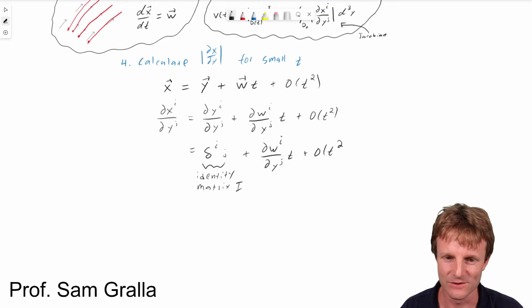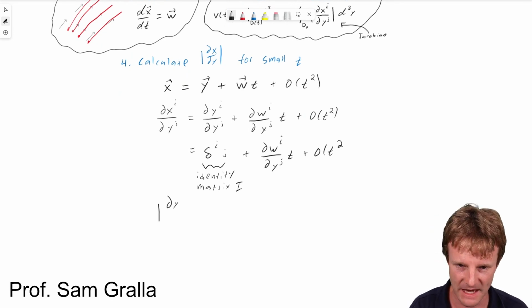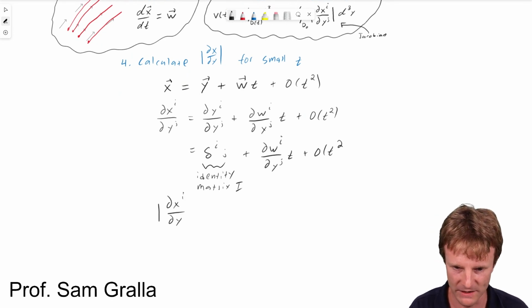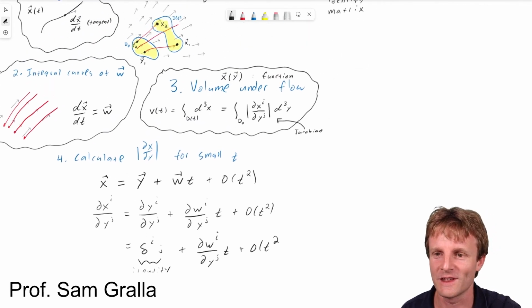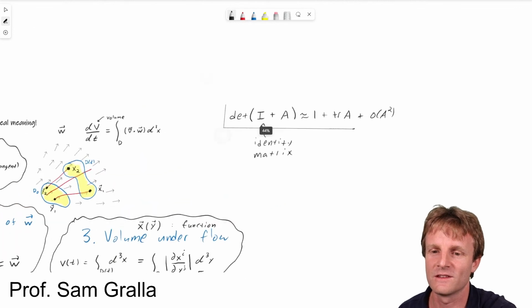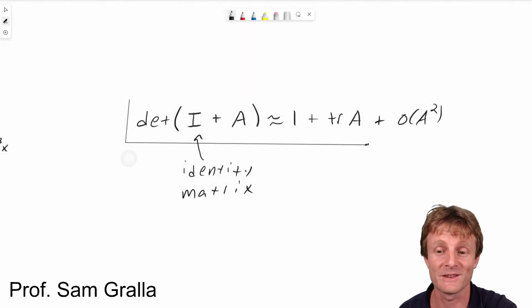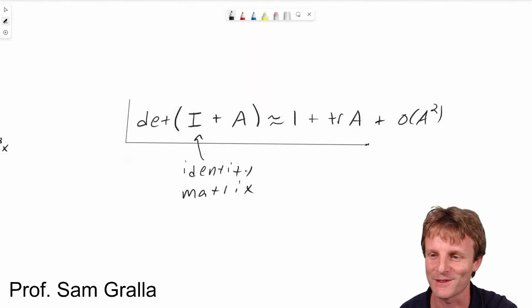And now we can do the Jacobian determinant, the determinant of dx_i/dy_j. So we have the determinant of I plus something small. Well, our formula said that the determinant of I plus something small is 1 plus the trace of the small thing.